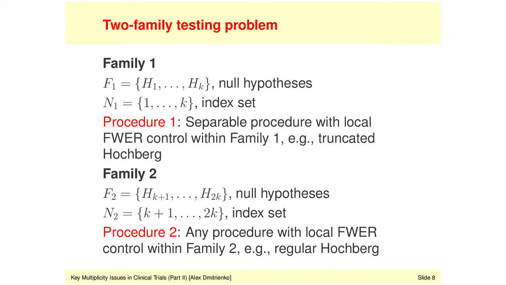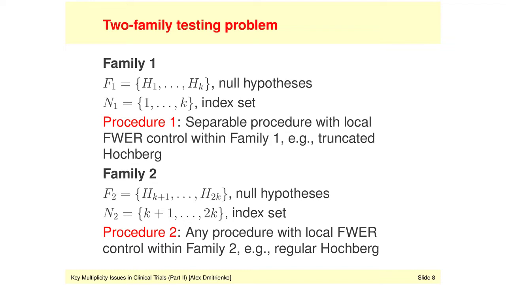It is important to make sure that this is a separable procedure that provides local alpha control within this family. We discussed in Module C why it is so important to work with separable procedures such as the truncated Hagberg, because that enables us to transfer alpha from the first family to the second family.